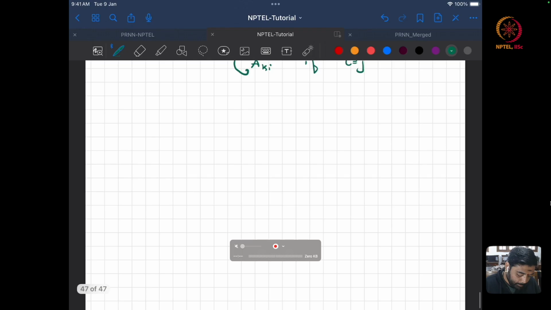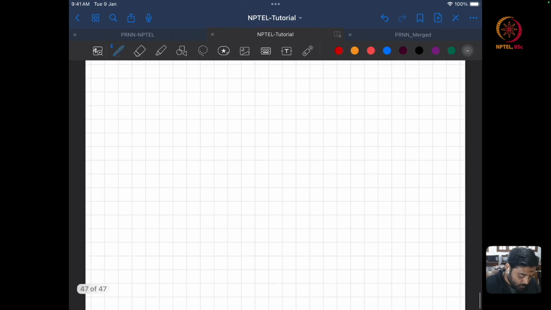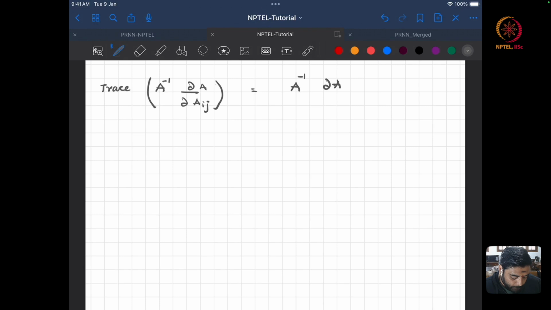So now trace of A inverse times the derivative for Ij, this will be the inverse Ij, Jj element.